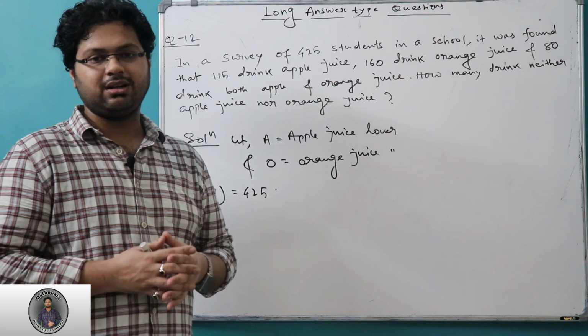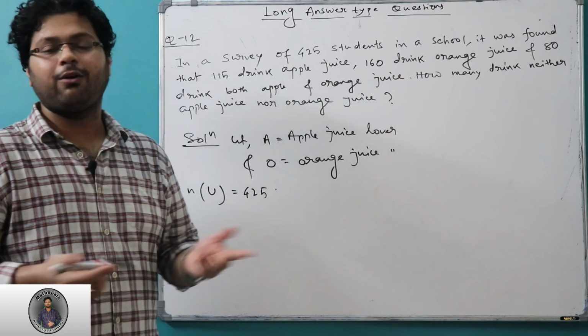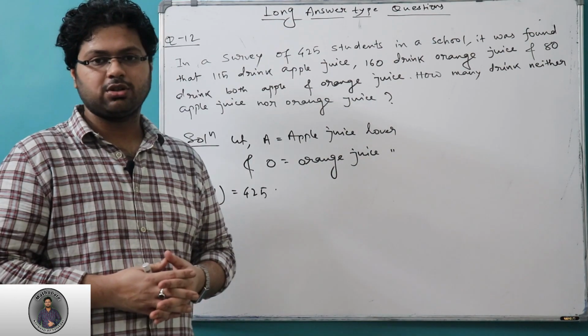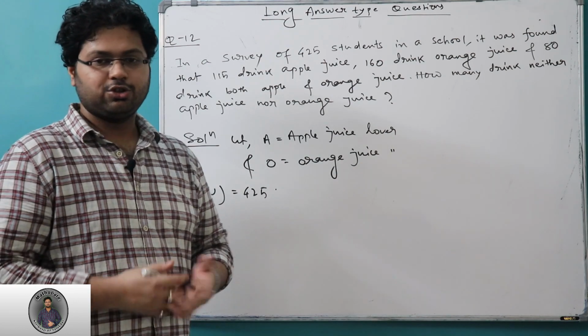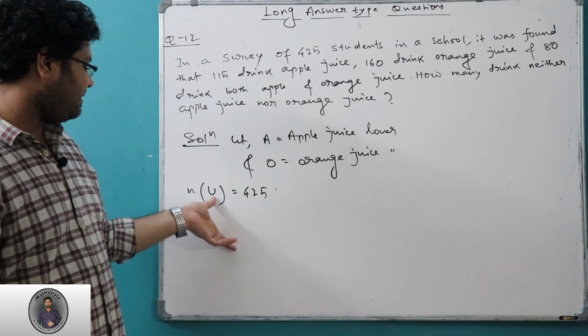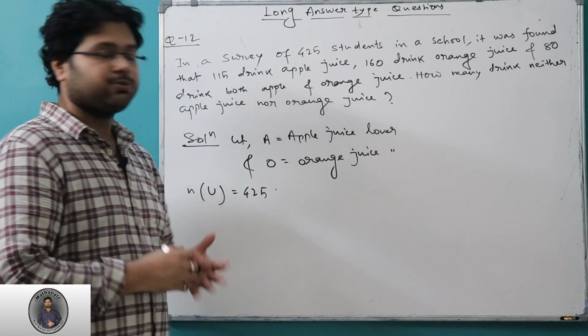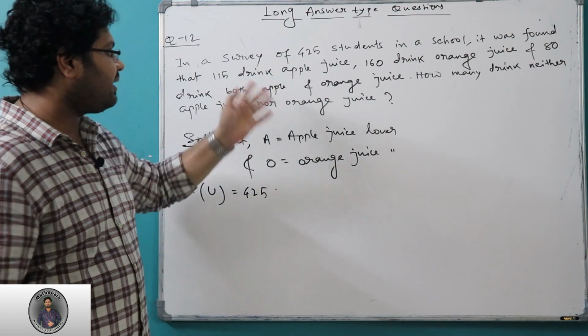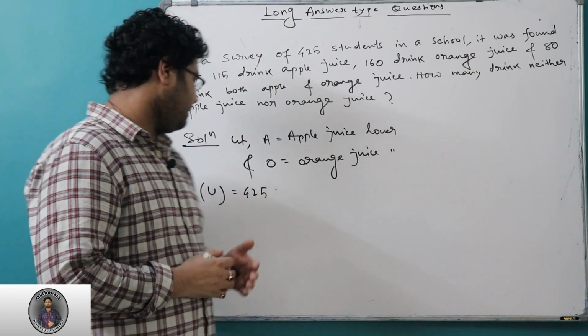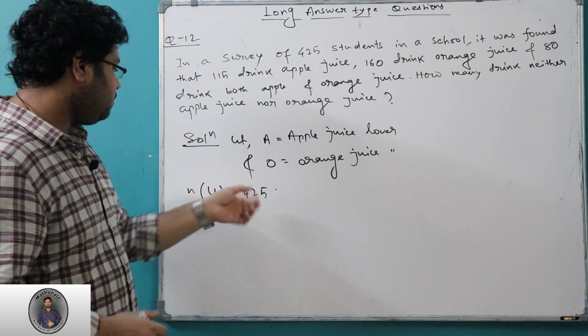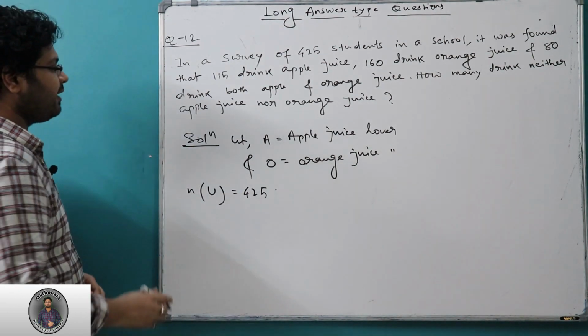There may be some students who like, suppose, cold drinks or pomegranate juice or anything else. So that's why we have to take the universal set as 425 instead of A union O as 425. So here we are writing n of U is equal to 425.